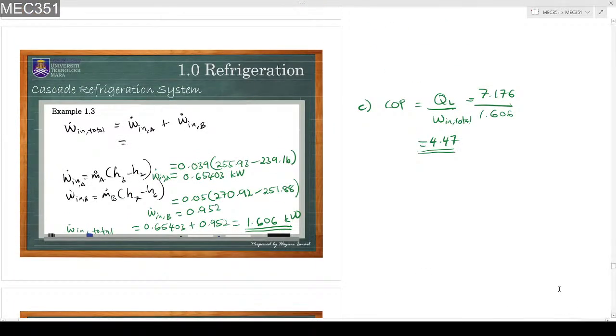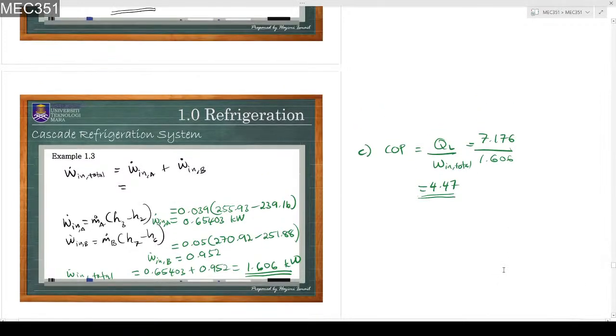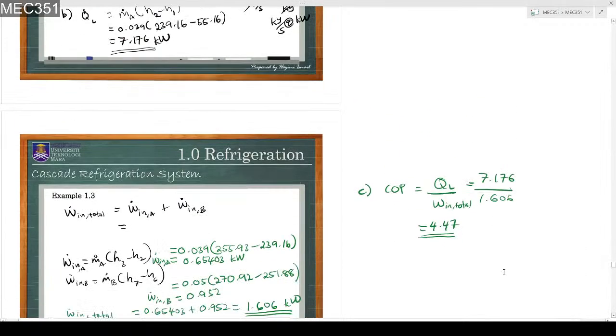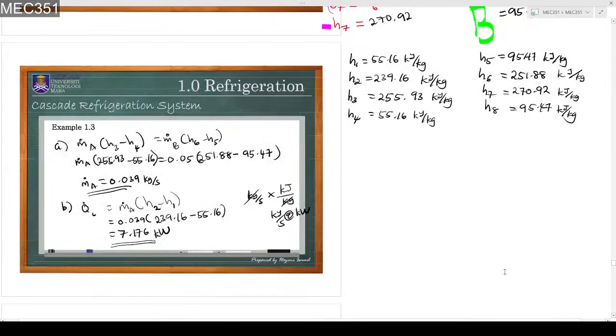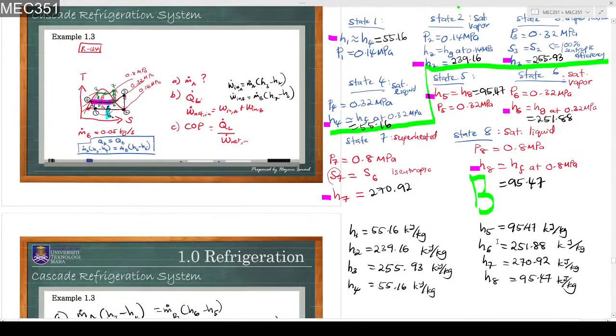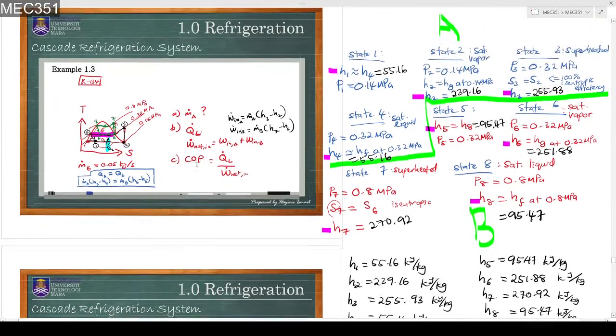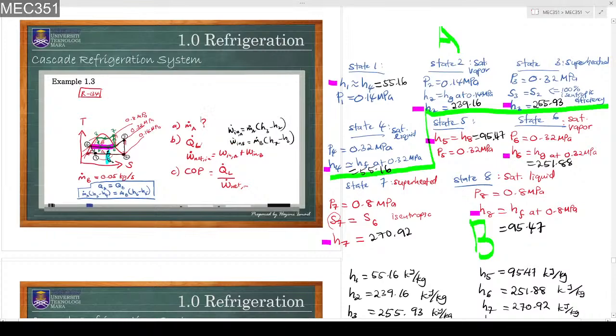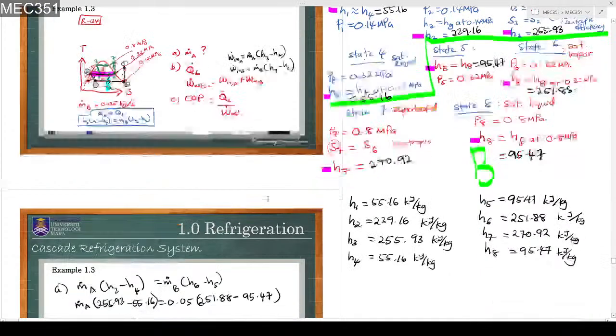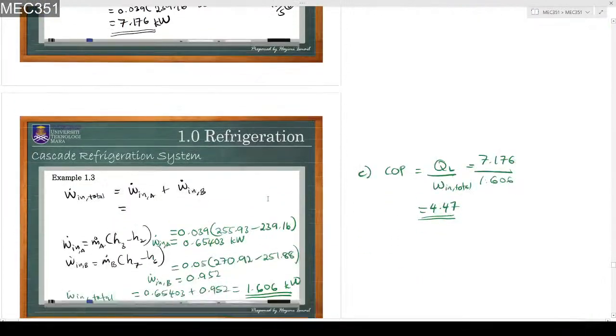We finish early, but make sure you try to understand our tutorial here, how to calculate the COP, the QL, the work net in, mass flow rate in the cascade refrigeration system.